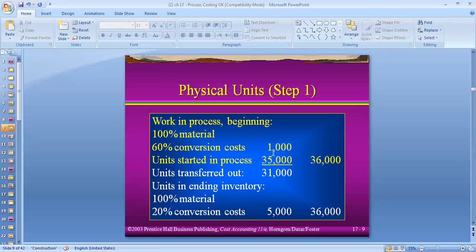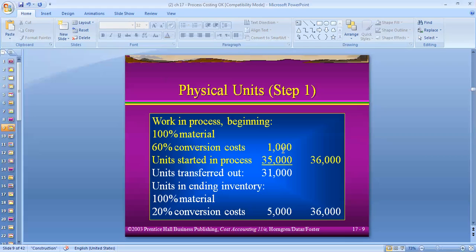Why? Because we added 1,000 plus 35,000. Now we have 36,000 in total. The completed 31,000, are they from this 1,000 and the remaining from the new units, or all are from the new units? I don't know. The 5,000 ending, are they from the 35,000, or part from the 35,000 and the remaining from the 1,000? I don't know, because we are using the weighted average method.